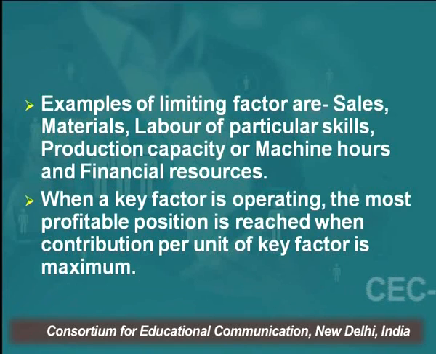If you have limited finance, you are not able to procure material or more human resources, so financial resources become the key factor. When a key factor is operating, the most profitable position is reached where the contribution per unit of key factor is maximum.